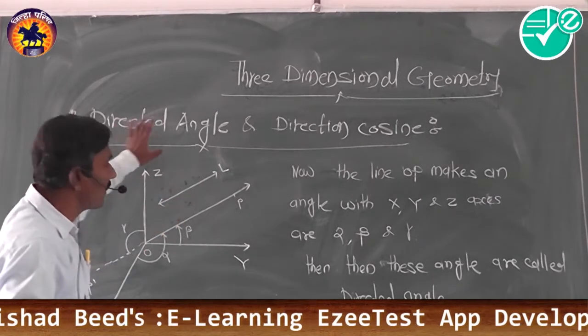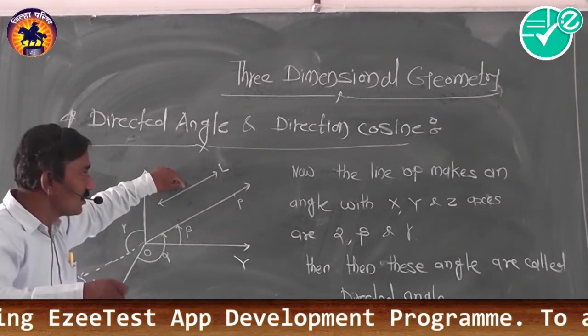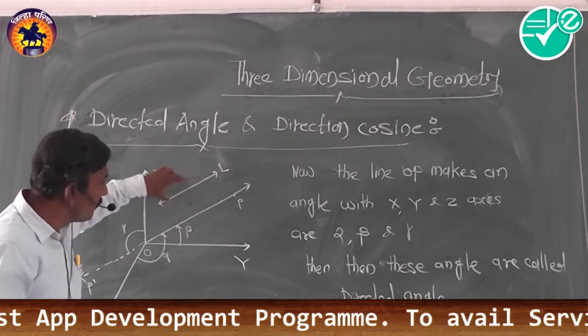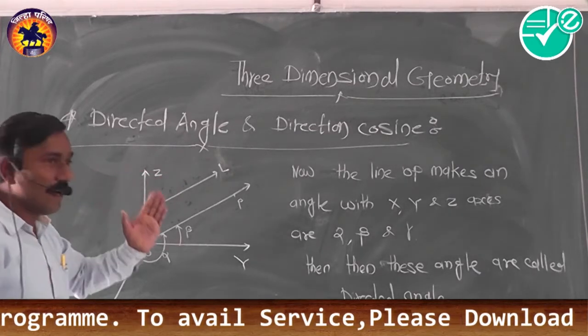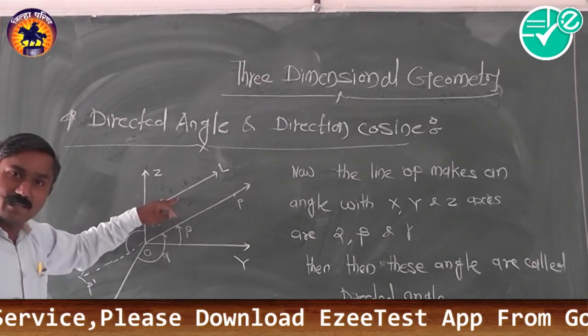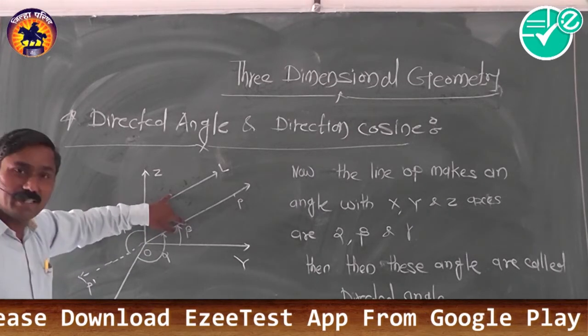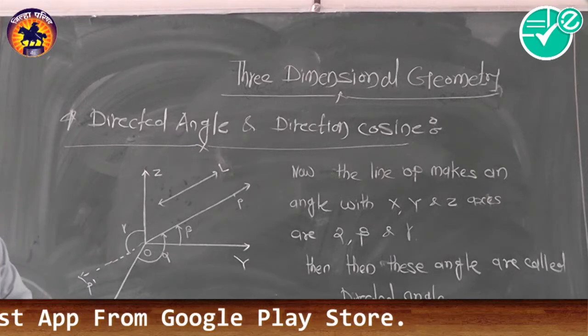Because OP is parallel to L, alpha, beta, gamma are called directed angles made by the line L. Okay, so this is the directed angle.